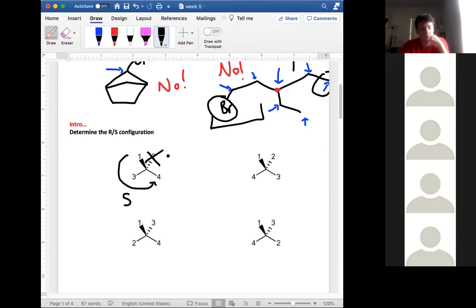Is what we covered priority 1 or 3? No. Therefore, we keep the rotation that we got. That's it.